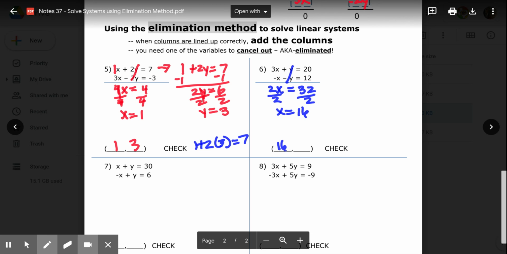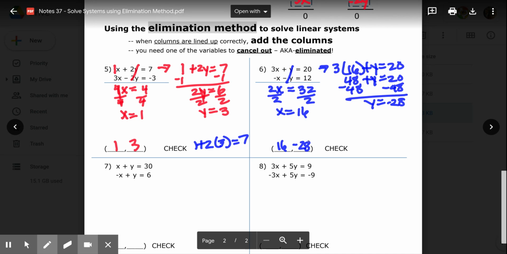I'm going to go ahead and use this one. So I have 3 times 16 plus y equals 20. So this is 48 plus y is 20. Subtract 48. So y is negative 28.